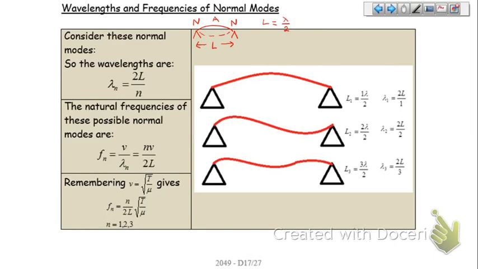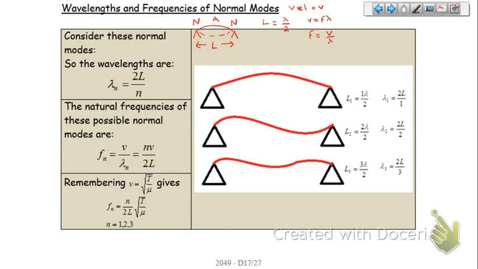And then I'd say, let's say that the velocity is v. I'll give you a number. I'm just doing it with letters at the moment. Velocity of the energy on the string equals v. So then you'd say, well, v is equal to f lambda. So f is equal to v over lambda.